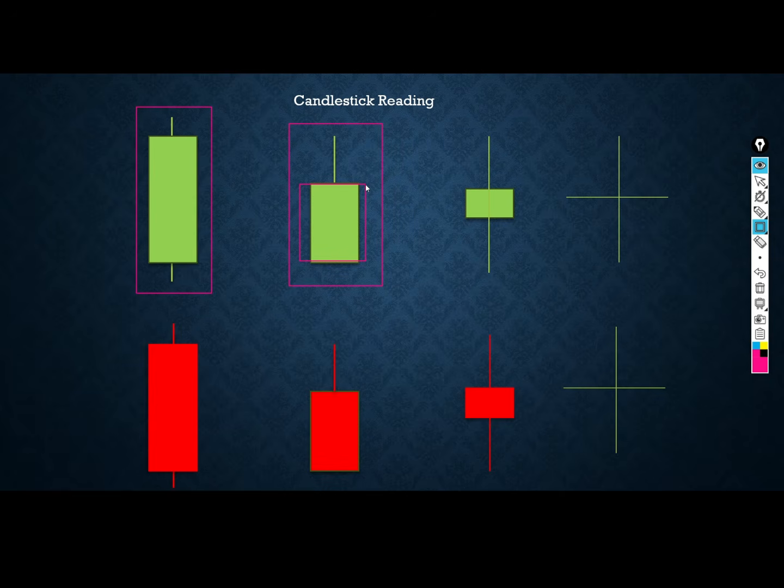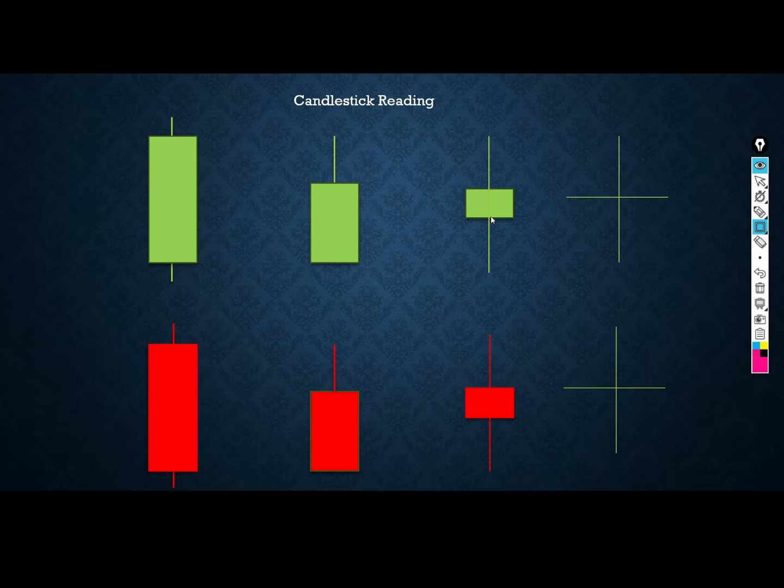Even though buyers won this battle, it was not as aggressive as before. This represents moderate buyer strength, which means sellers are slowly entering the market.